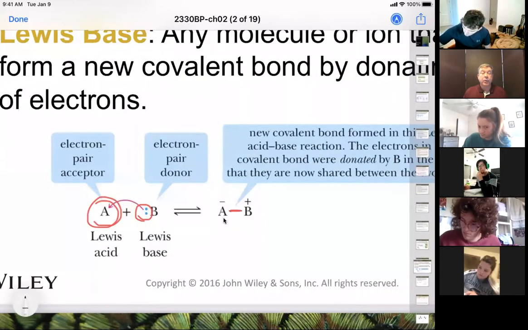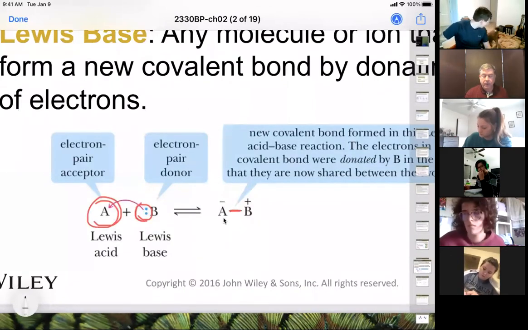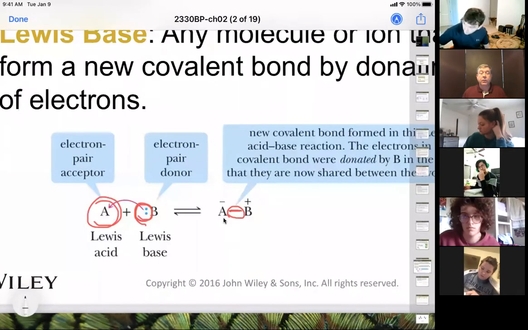In the process, we either lose charge or gain charge right there. It doesn't matter whether the species are charged or not. What matters is that those two electrons that were a lone pair are now our new sigma bond. So acid accepts electrons, base donates electrons.